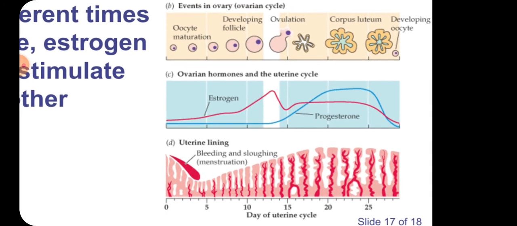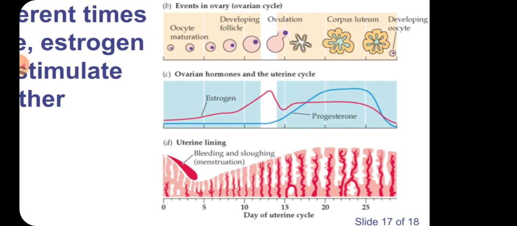And here when the uterine bleeding starts, estrogen levels are high. Bleeding and sloughing off of the endometrium wall takes place, and the estrogen levels and the progesterone levels are shown in figure C.